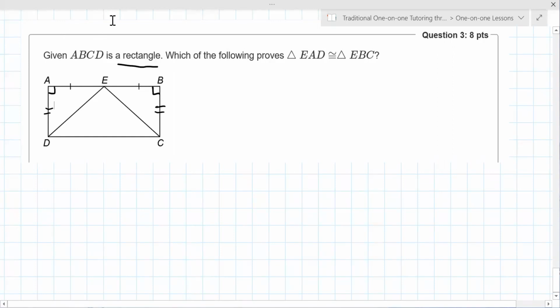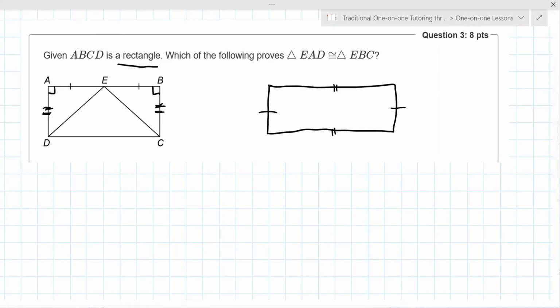What else about them? What do these symbols mean that I've been drawing? What do you know about these sides over here on the left and the right, and the top and the bottom? Tell me in words.